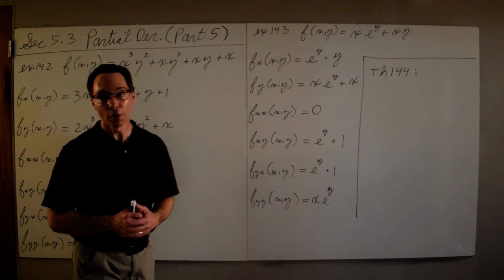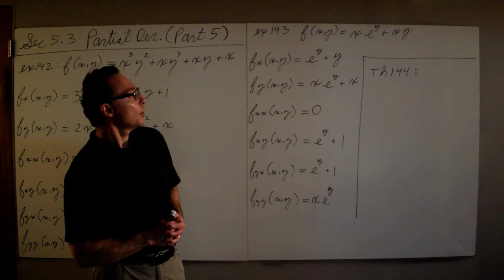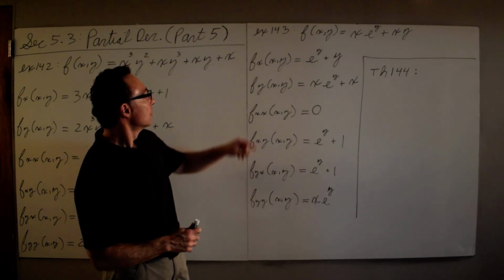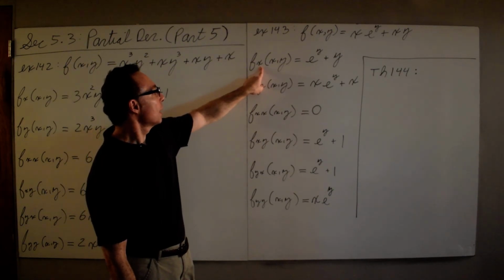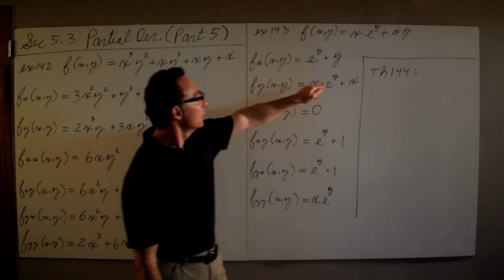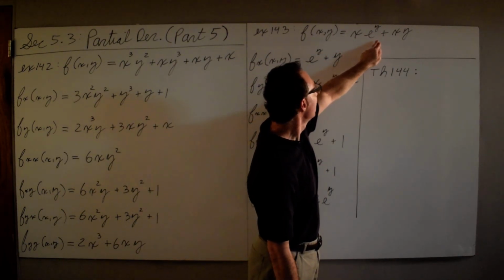And we'll look at example 143. f of x y is x e to the y plus x y. Start with the partial derivative with respect to x. Again, we're pretending that y is a constant. So the partial derivative with respect to x is e to the y plus y.